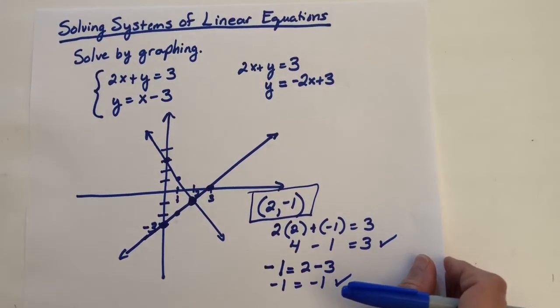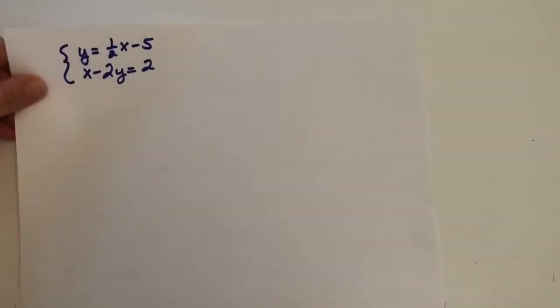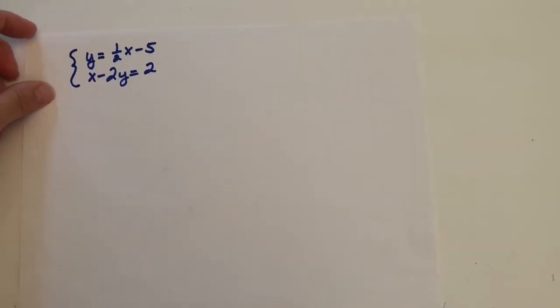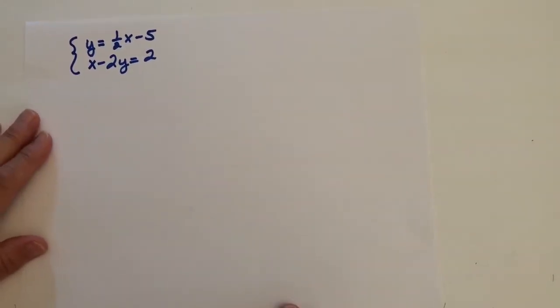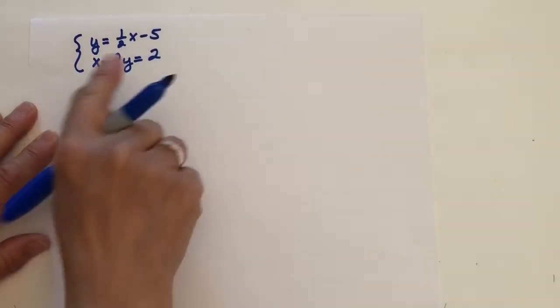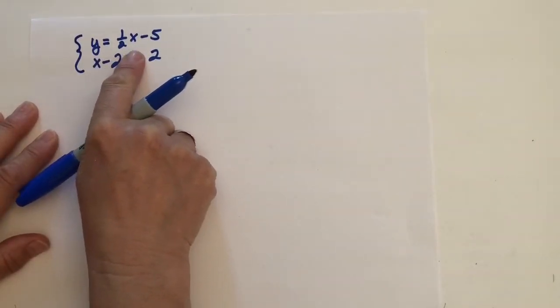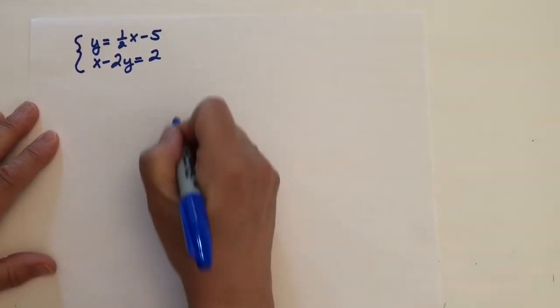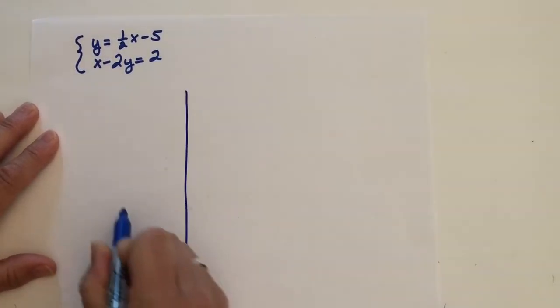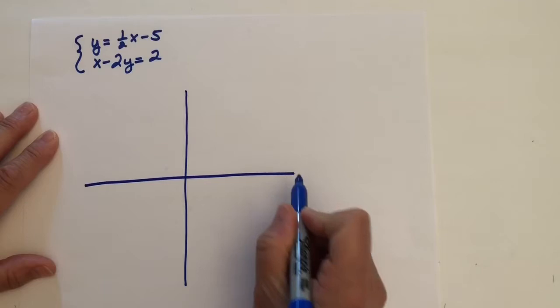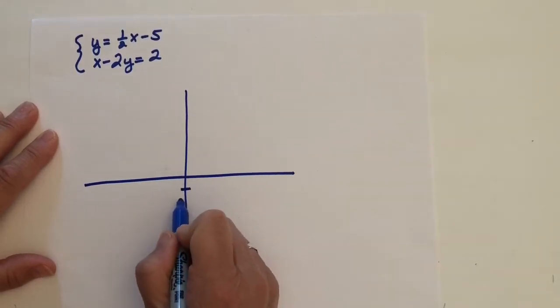Let's look at this next one. Let's solve it by graphing as well. So the first equation is y equals 1/2 x minus 5. So let me draw a picture of this one. My y-intercept is at negative 5.